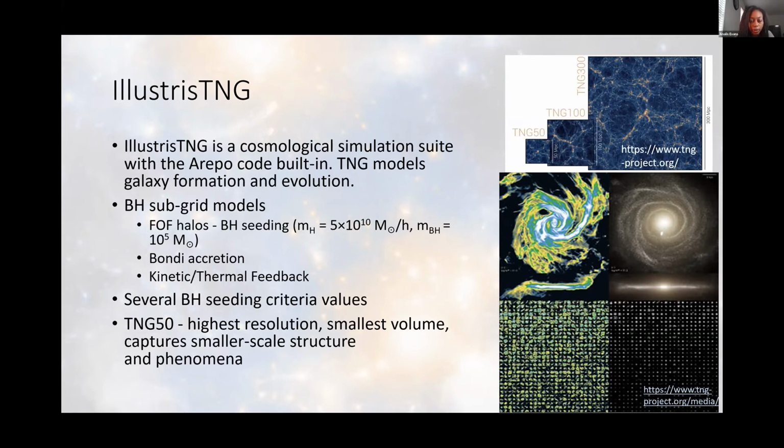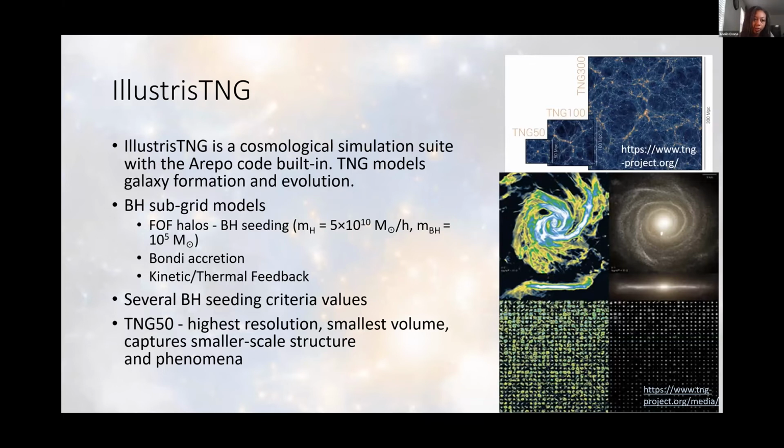And there's also a black hole seeding model where once a halo reaches a mass threshold of 10^10 solar masses per h, TNG seeds a black hole of size 10^5 solar masses. They calculate black hole growth via Bondi accretion, and they include two modes of black hole feedback, kinetic or thermal modes. And it also includes several black hole seeding criteria values that are ready to be altered for our models.